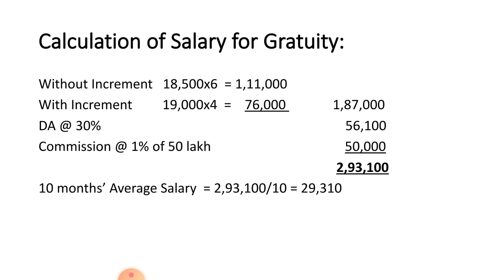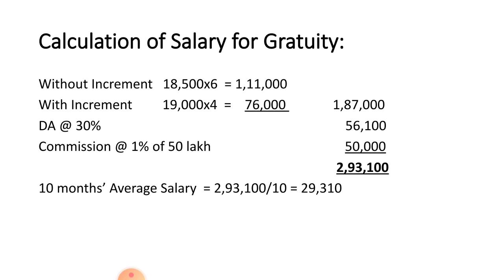See the calculation of salary for gratuity. Without increment, that is for 6 months before September, 18,500 into 6, 1,11,000, and with increment for 4 months, that is September, October, November and December, 19,000 into 4, 76,000. Total basic salary amounts to rupees 1,87,000.